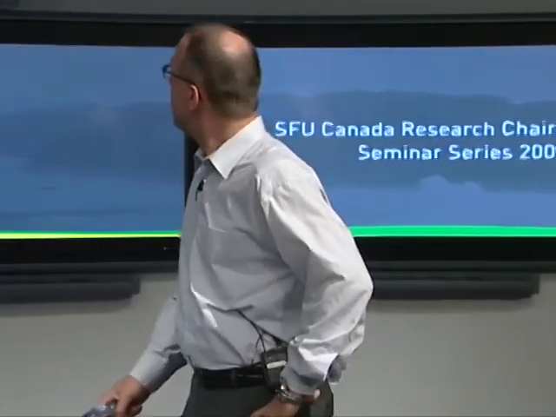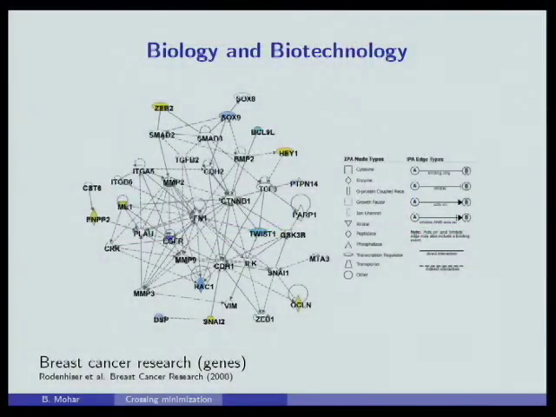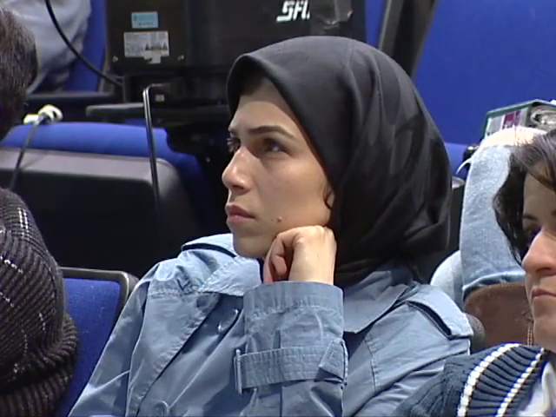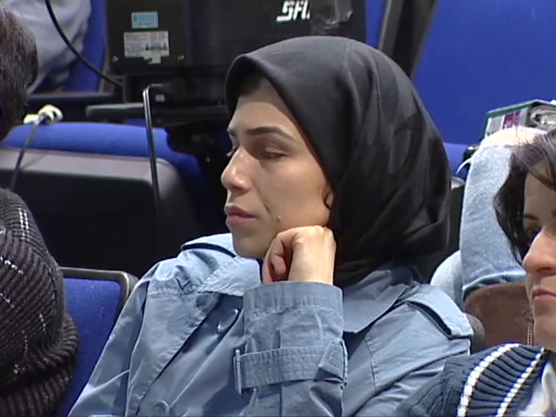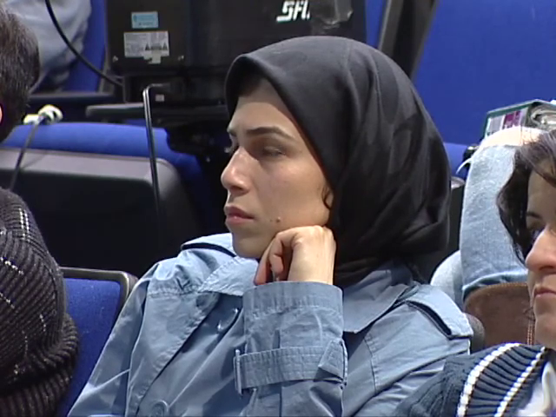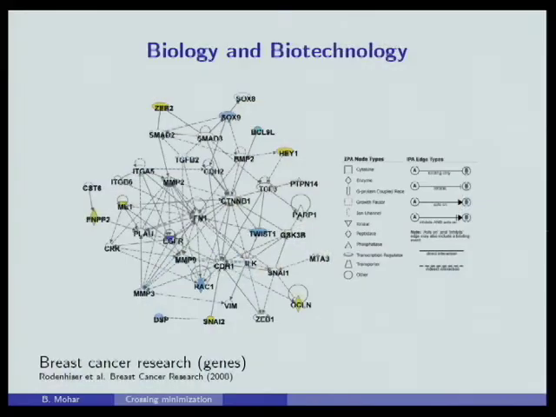The next example is something from medicine or biology, biotechnology research. So researchers identified certain genes, and in order to see which genes would be related to breast cancer, they had some kind of influence how they are related to each other, and they came up with such a graph. So this graph represents different genes, and connections mean something.